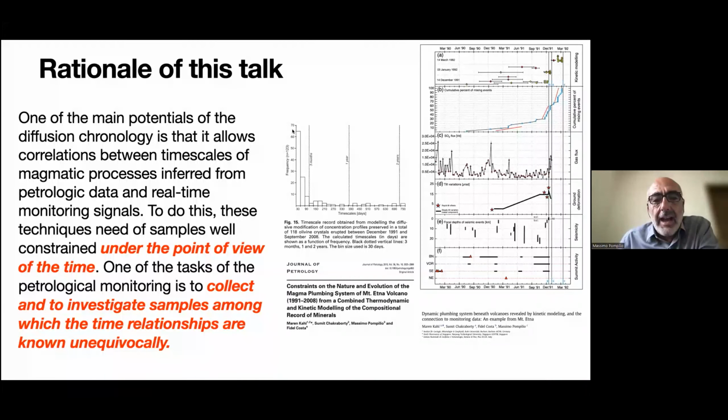So if you have a bad constraint on the time, you can also have a bad constraint on these timescales. You can see the same thing here: most mixing periods occur over timescales of a few days. So if you have a bad determination of the time of the eruption, all this doesn't work very well.